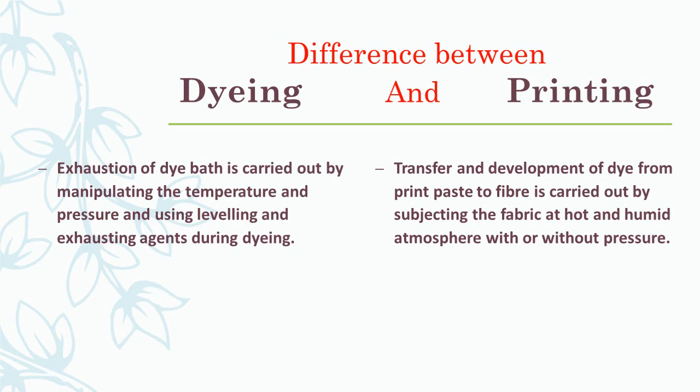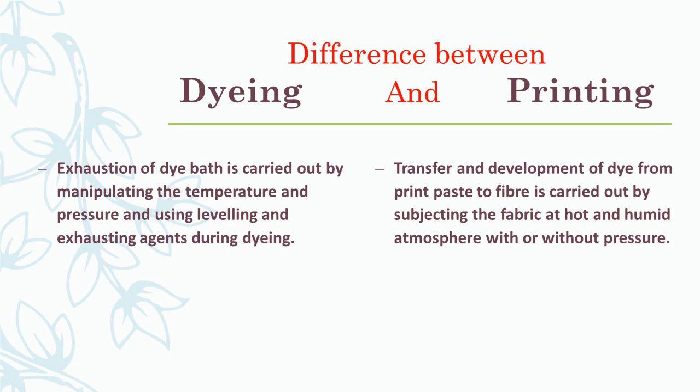Exhaustion is nothing but transfer of dye from solution phase to the fabric. So how efficient the transfer is, that will give you the rate of exhaustion. So the transfer of dye from solution to the fabric is manipulated by adjusting the temperature, by adjusting the pressure, or sometimes we have to add additional leveling agents and exhausting agents.